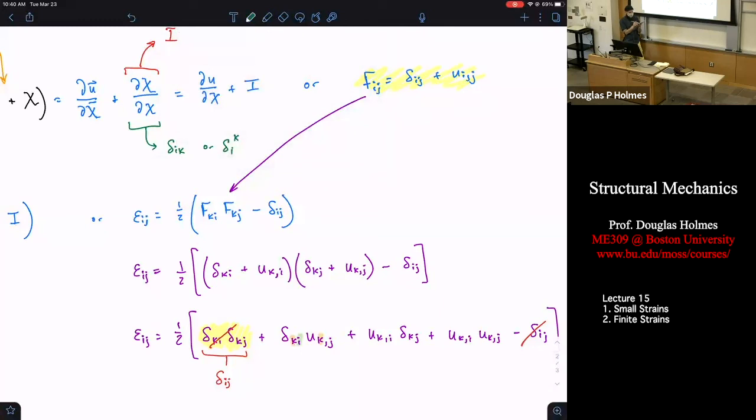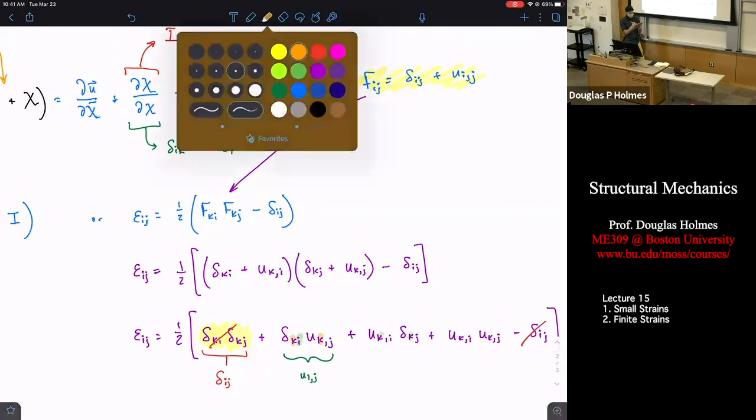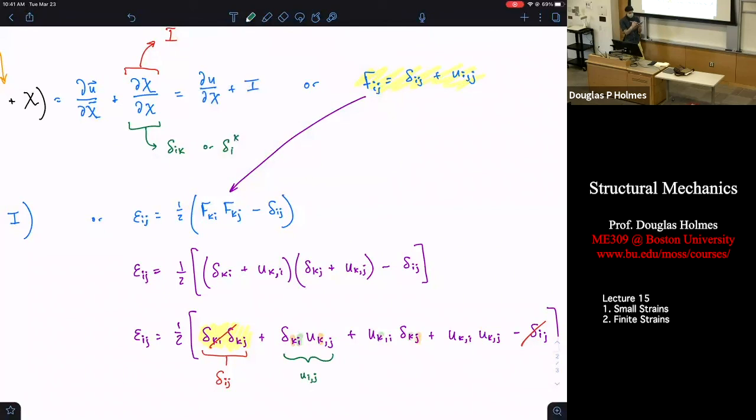Again, I don't expect you to know this. I'm just kind of showing you because once we get to something, it's going to look sort of familiar. And so this becomes u i comma j, and this, because of k, k, and j, becomes u j comma i.